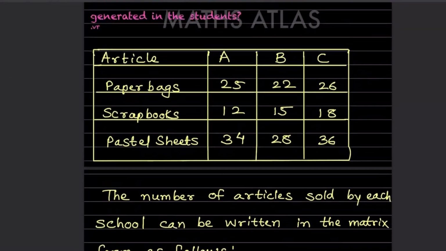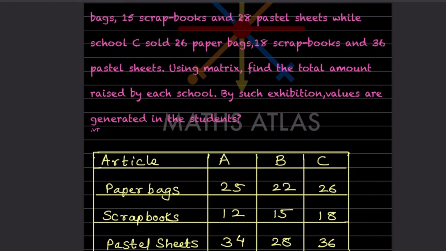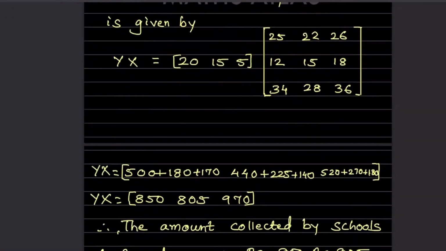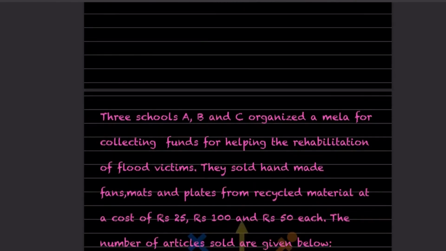And then what did they ask in the last sentence? They have asked, find the total amount raised by such exhibition. Values are generated in the students. Now see here what values are generated. So what we can see here, the situation highlights the helpful nature of the students.